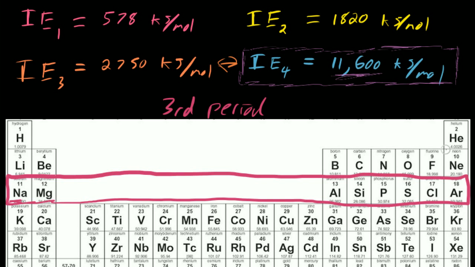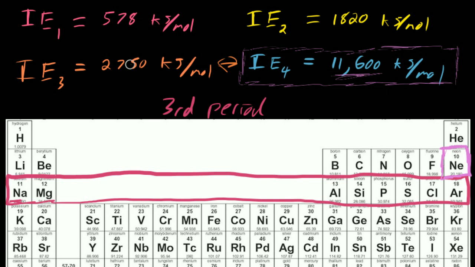Well, it's going to be when it loses that noble gas electron configuration, right? It's when it loses that full valence shell of electrons, where it has 8 valence electrons.